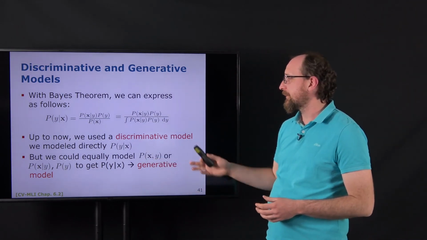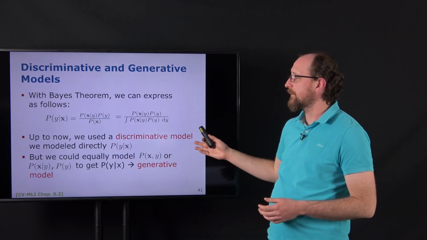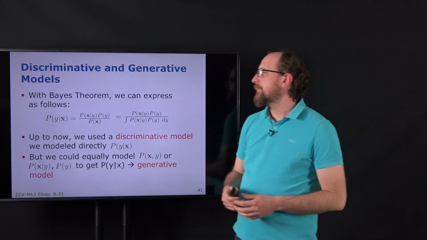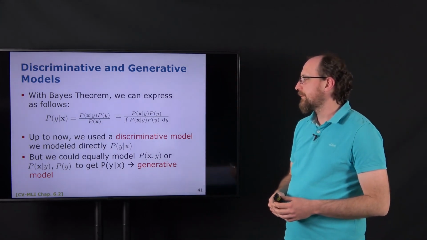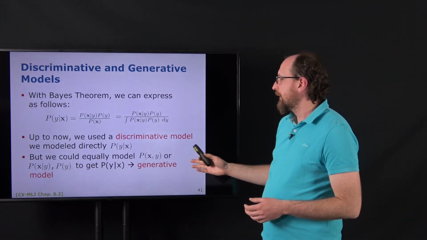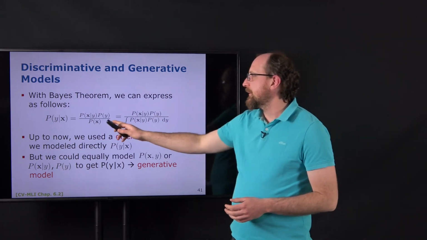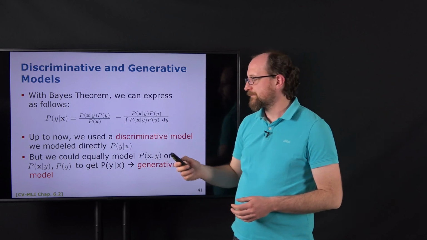And this is the distinction here. We have discriminative models where we directly model this conditional probability, or we can use a generative model where we model basically these parts here.